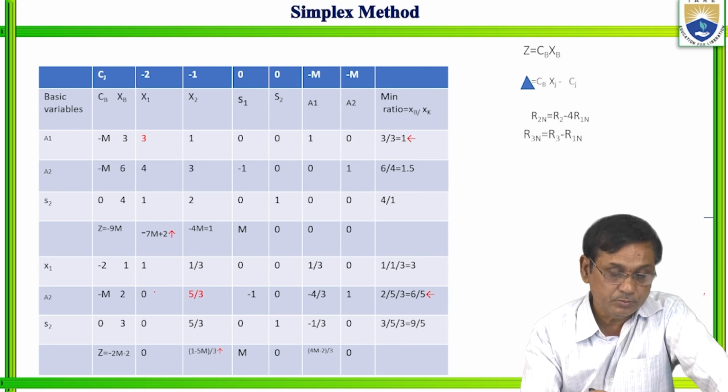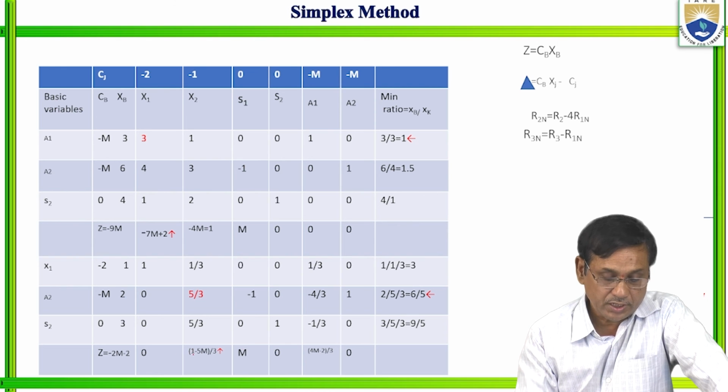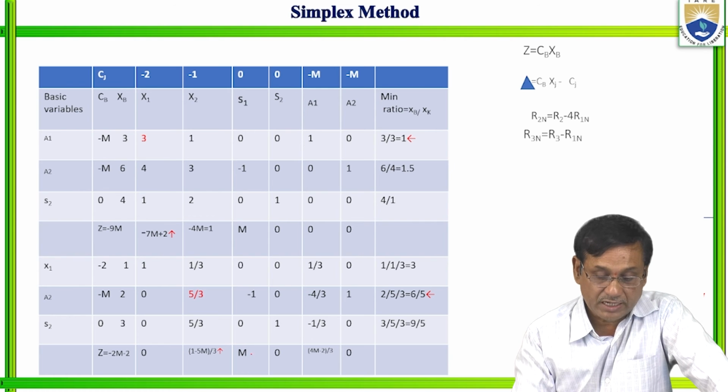So minus 2 plus 2 becomes 0. Then coming to this, minus 2 by 3, minus 5M by 3, minus of minus 1. That is 1 minus 5M by 3 is the value here. Here the value is 0 into minus 2, minus M into minus 1 is plus M, 0 into 0, and this value is M. So this value is M.